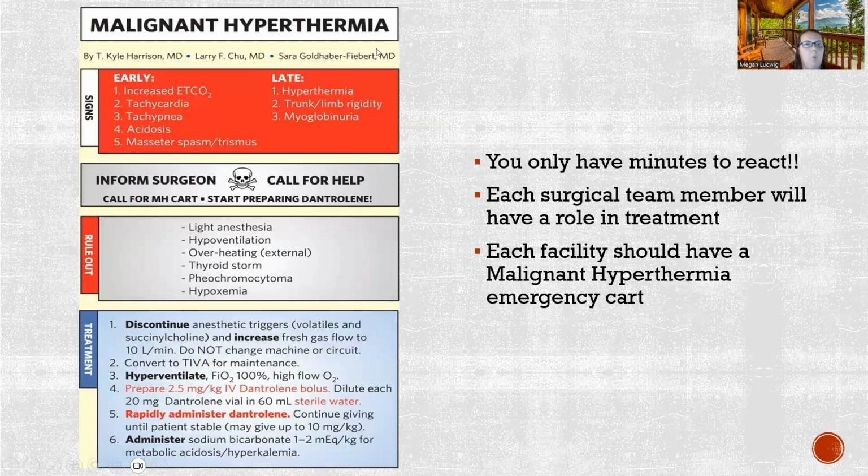So what ends up happening, and usually it's divided by early and late signs. This is how you recognize it. The very first one you're typically going to see with MH is an increased ETCO2, which stands for end tidal carbon dioxide.